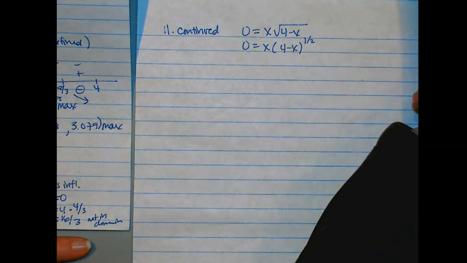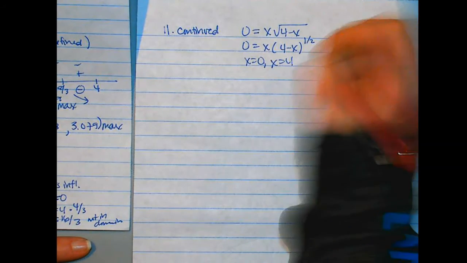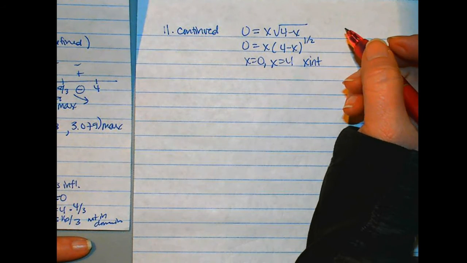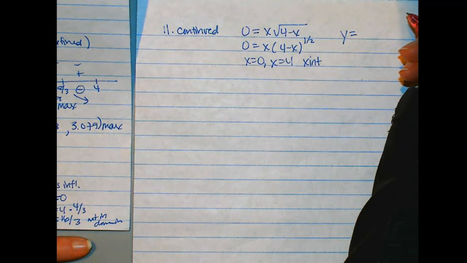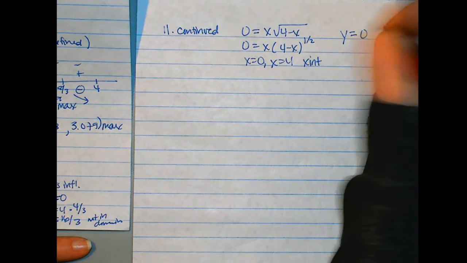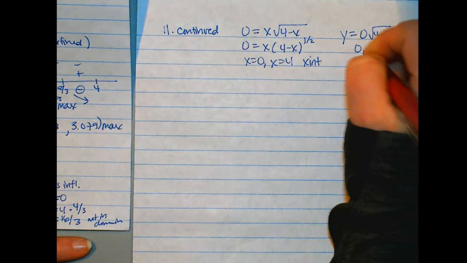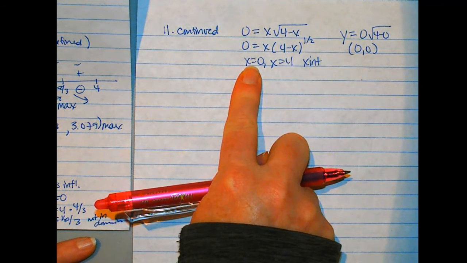So when you solve these two equations, you have x equals 0 and x equals 4. We have x-intercepts. We have something to graph. Hallelujah. How about plugging in 0 for x? We also have the y-intercept is 0, 0. That always happens when you have this being 0, by the way.